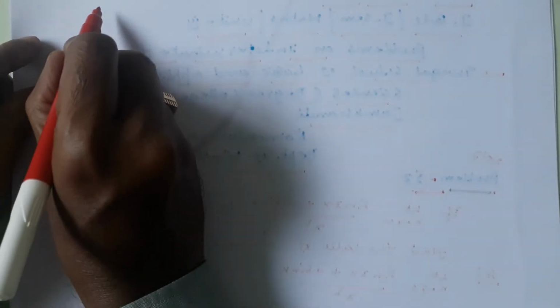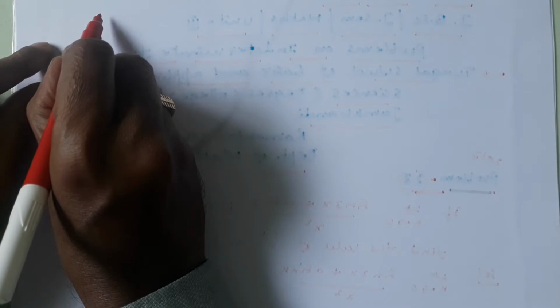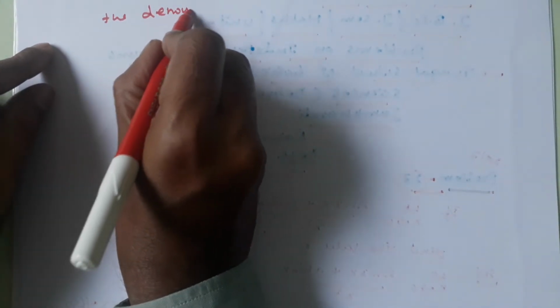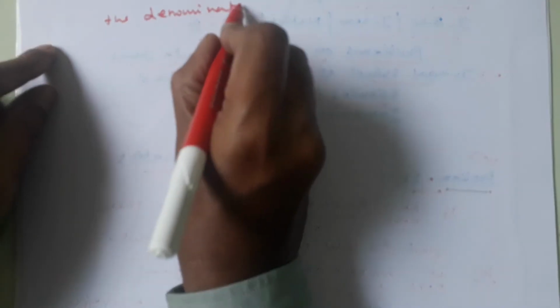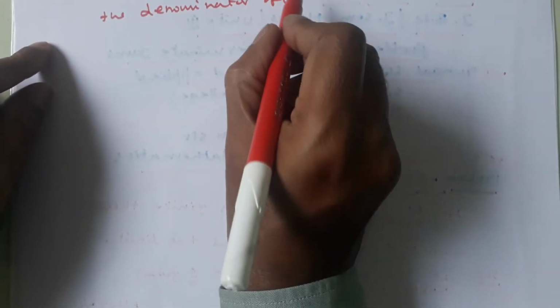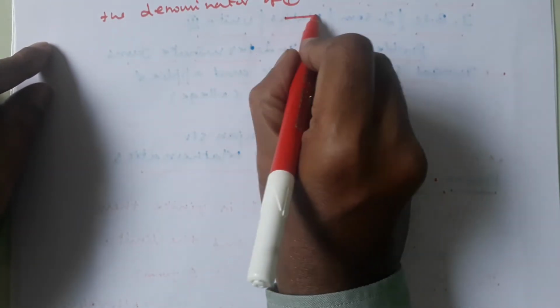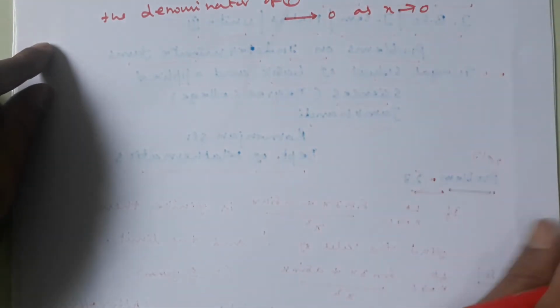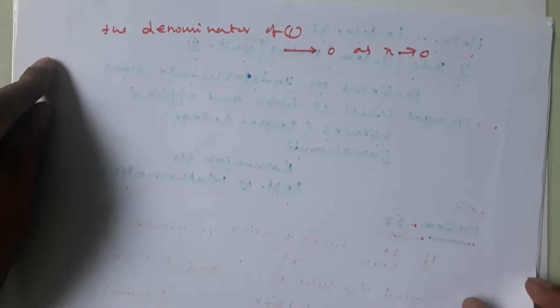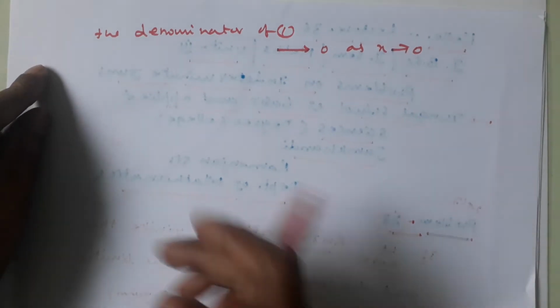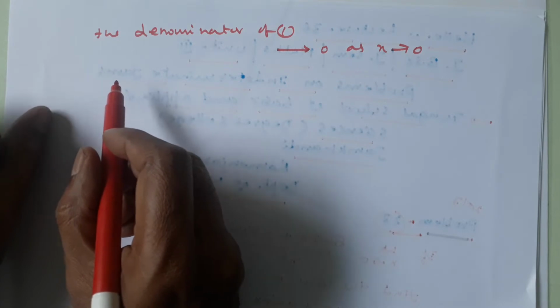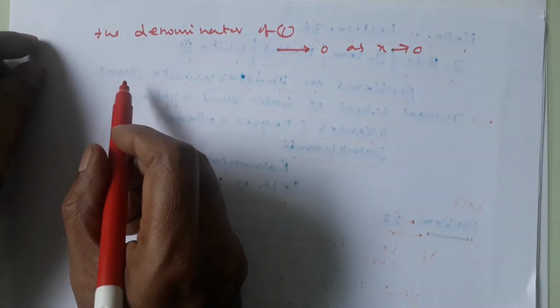So in this limit, the denominator of equation 1 tends to 0 as x tends to 0. So automatically that value would be infinite.